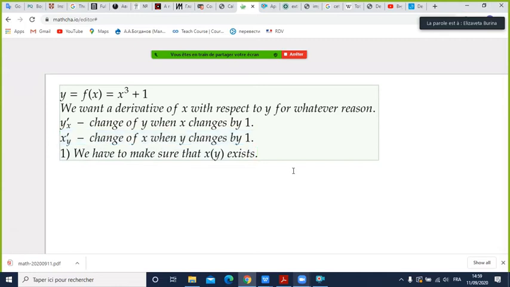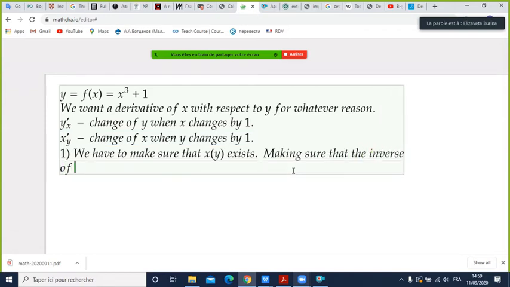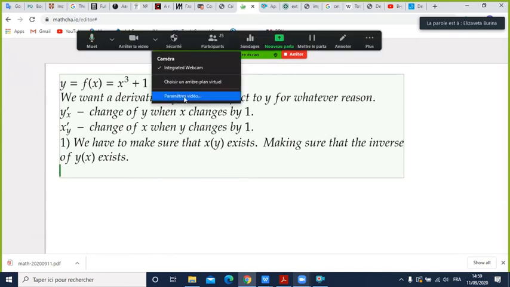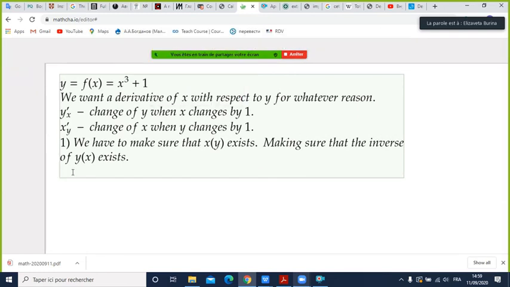So that is making sure that the inverse of y exists. Okay, so for this exact example, it does exist because this is a one-to-one mapping, and now you all know how to actually make sure that it is a one-to-one mapping without even plotting it.